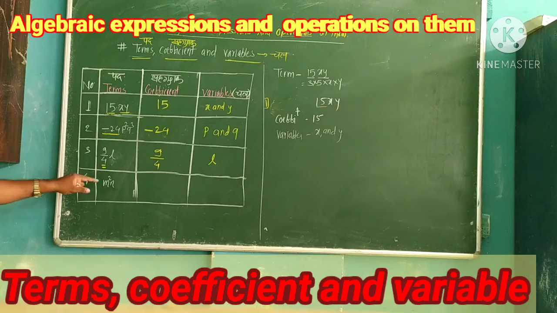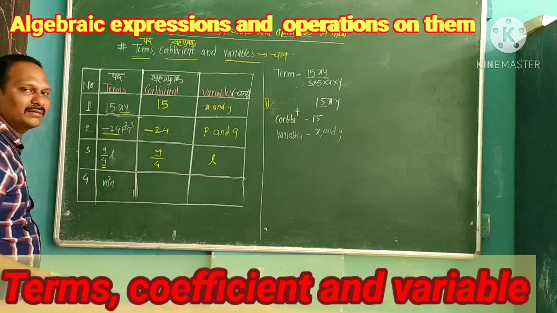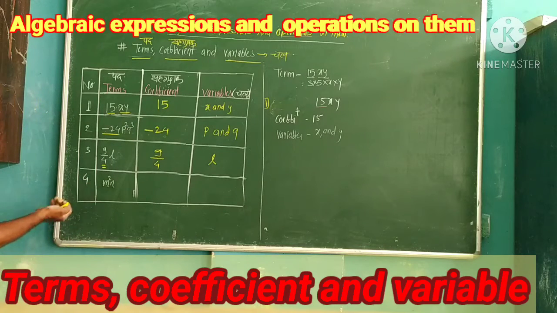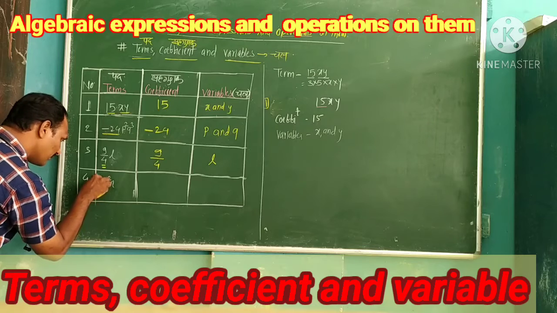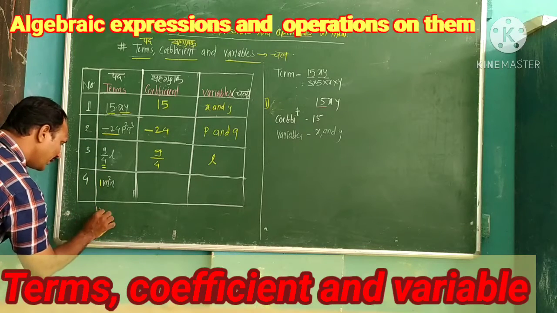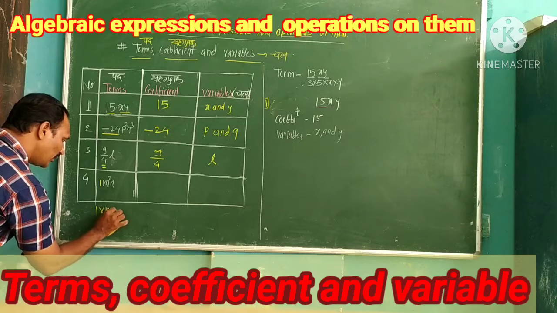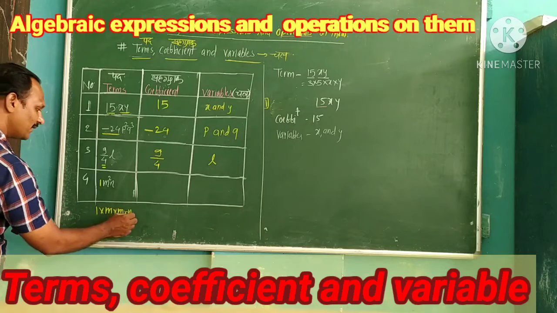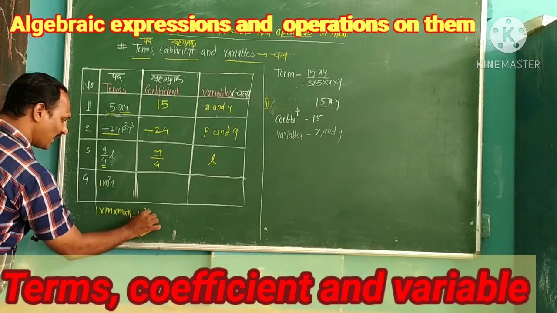Last example, m square n is the term. Now what is the coefficient? You don't see a coefficient here, but there is a coefficient, and it is 1. Why? Because 1 into m into m into n is equal to m square n.